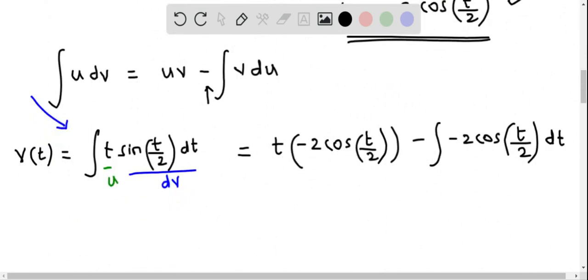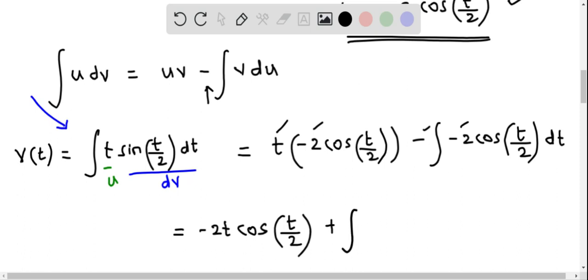Now let's simplify this. We have t here and we have negative 2, so t times negative 2 is negative 2t, and then this becomes cos of t by 2, minus. We have negative and negative, so we can put positive here, and then the integral of, we have 2 here, and this 2, I'm sorry, it will not cancel.